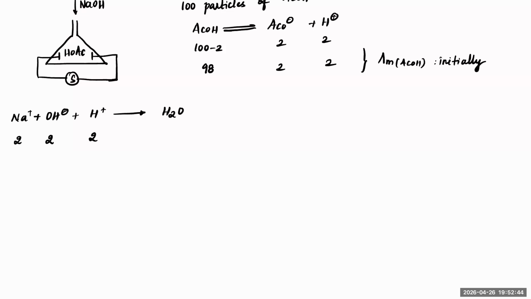So these two will get consumed. What is left will be Na plus of 2 particles and H2O of 2 particles, and water is of no use to us; it is not an ion. So initially 2 moles of H plus are consumed by 2 moles of NaOH, and there will be a decrement in the lambda value. So I can say that here lambda m value decreases.